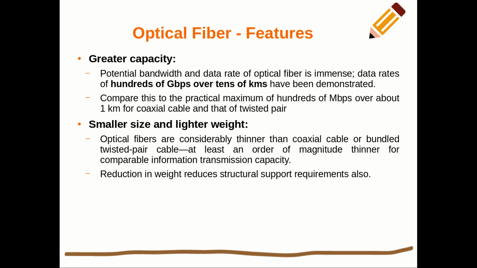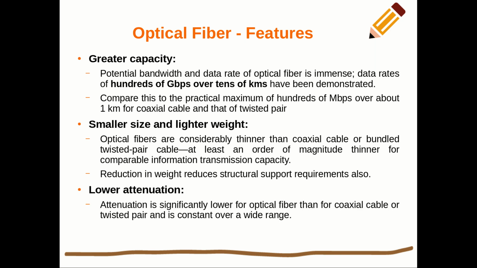If you consider the same amount of information to be transmitted, the size and weight will always be less for fiber optic compared to the other two. Reduction in weight also reduces structural support requirements. When weight is less, the other structural supports will also be less. That means the overall complexity will be less.